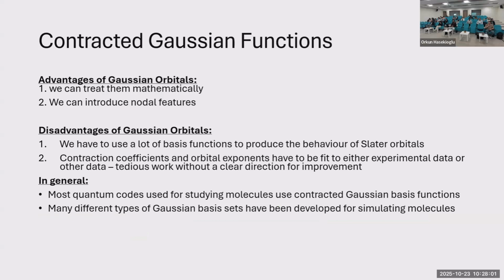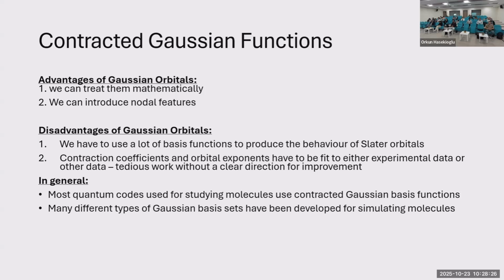So when it comes to contracted Gaussian functions, the advantage of Gaussian orbitals is, as we said before, we can treat them mathematically, and we can introduce nodal features. Disadvantages are we have to use a lot of basis functions to produce the behavior of Slater orbitals, and contraction coefficients and orbital exponents have to be fit to either experimental data or other data.